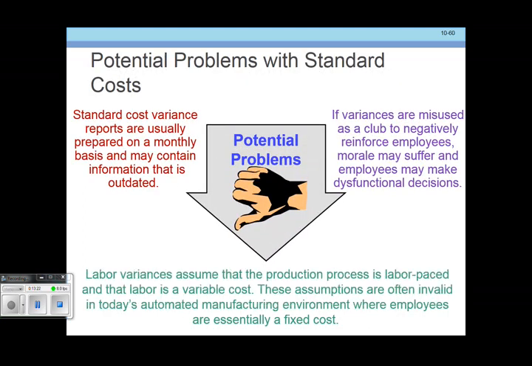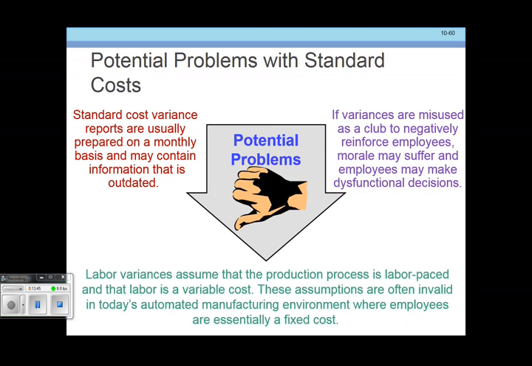Some problems. And the big problem is the one on the right. If variances are misused as a club to negatively reinforce employees, morale may suffer and employees may make dysfunctional decisions. This provides us a ton of very valuable information. We want to use this to make our operation better.